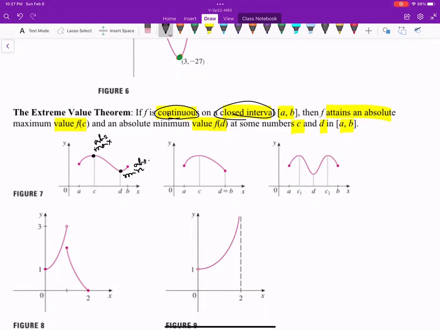The next graph is also continuous on a closed interval A to B. So there is a peak here, which is the absolute max. And there is an absolute minimum at this point. So there are two peaks in this graph, and one is the absolute maximum.